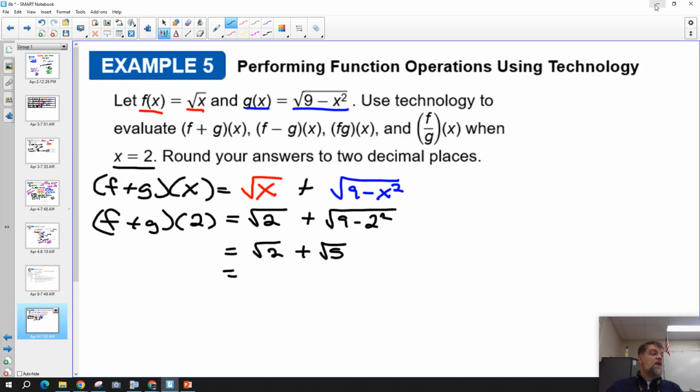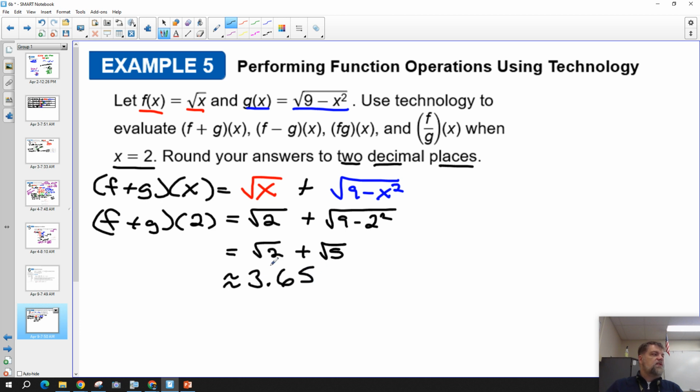So it says to round to 2 decimal places, right here. And since we're rounding, instead of using the equal sign, I would say approximately 3.65.